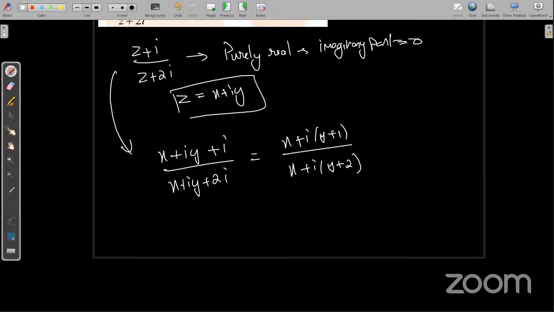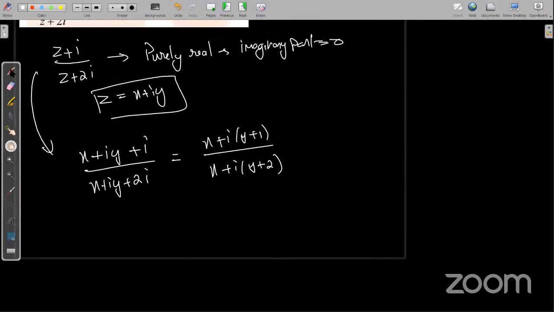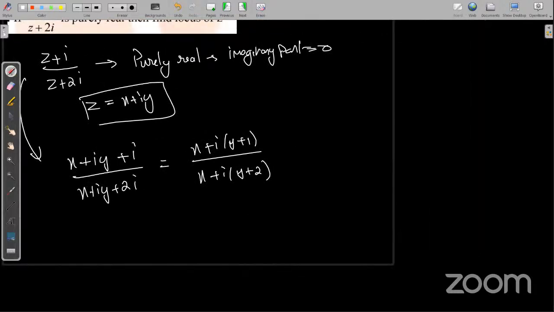Whenever we have a complex number in the denominator, we just have to do rationalization, so that the denominator becomes real and we can separate real and imaginary parts in the numerator. So I multiply and divide by x minus i times (y plus 2).